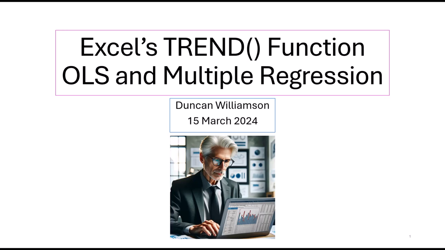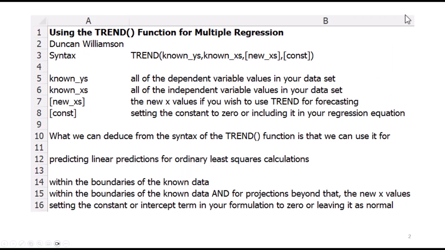Using the trend function for multiple regression, the syntax of the trend function is known y's, known x's, new x's, and constant, and the new x's and constant are optional. The known y's are all of the dependent variable values in your dataset.